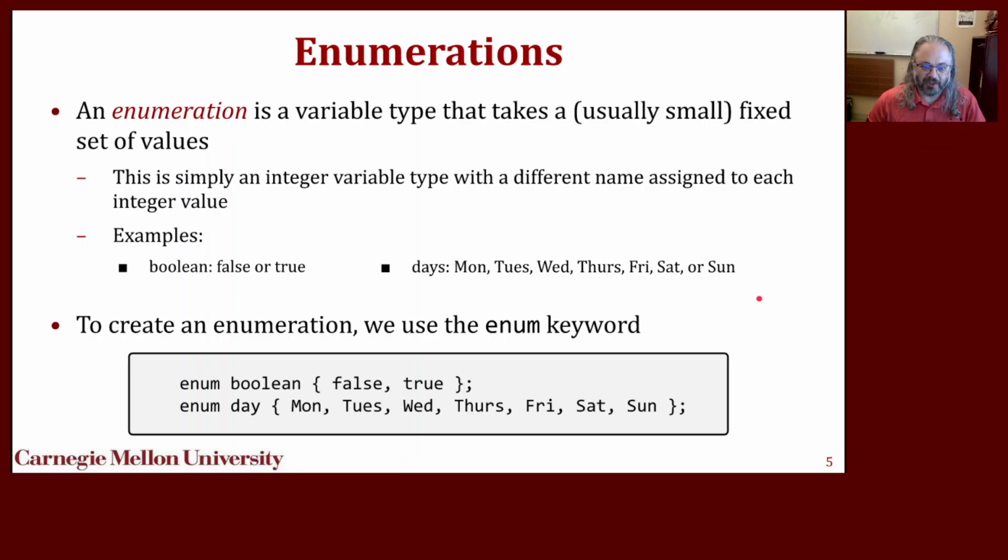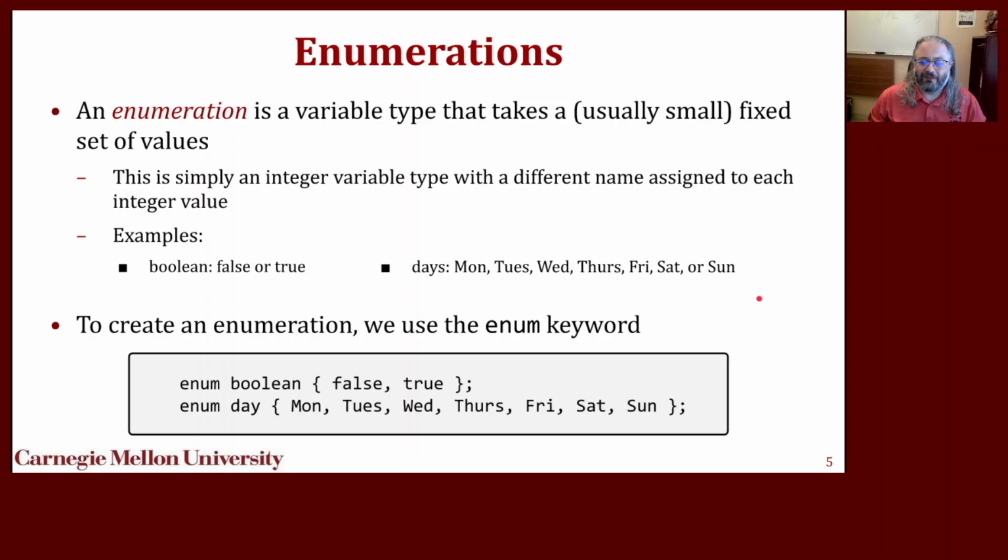In the case of Boolean, it's creating a variable called false and a variable called true. It's assigning the value 0 to false and the value 1 to true, for no reason other than 0 is first and 1 comes next. So it's enumerating a list of variables starting with the value 0 because it's a good default place to start.